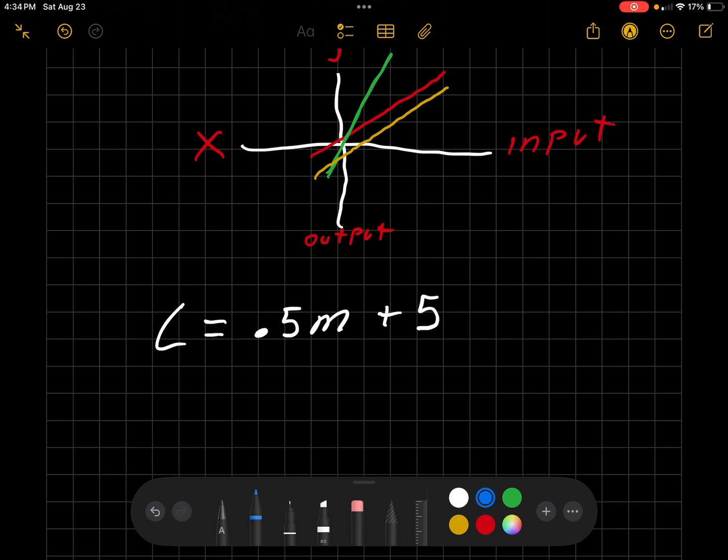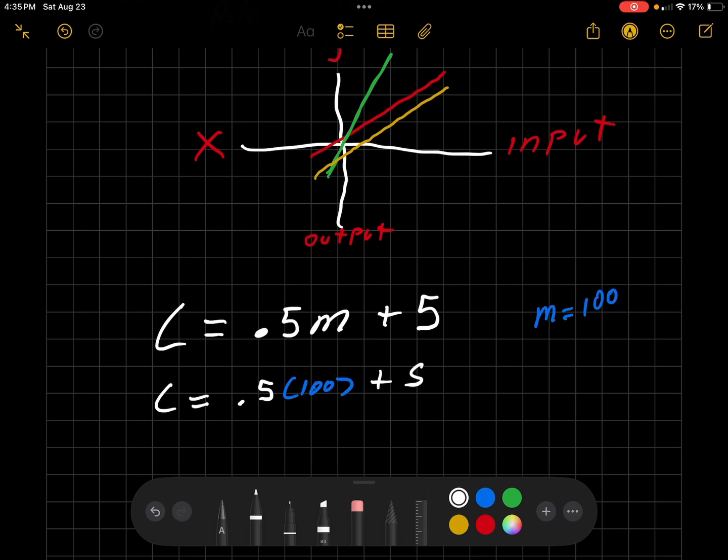So they may ask you, well, if you drove 100 miles, how much would our rental be? So all we'd have to do is input 100 into our equation and solve.